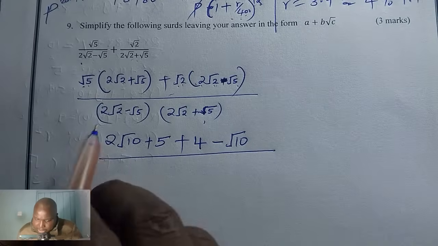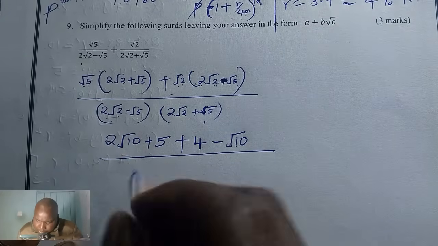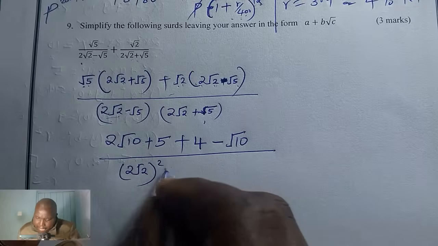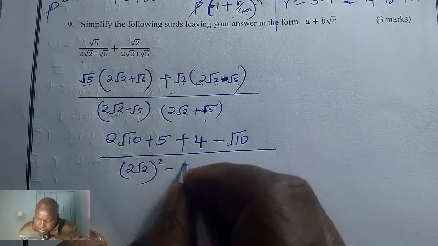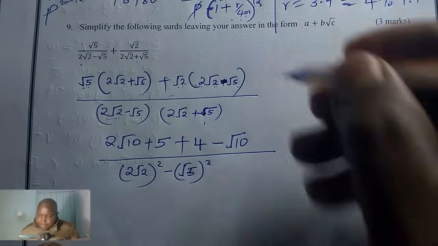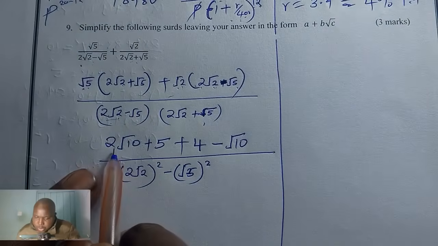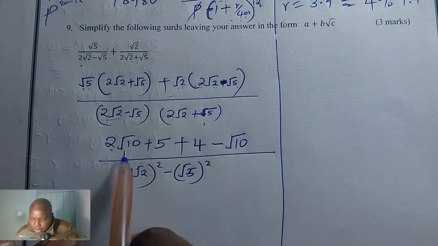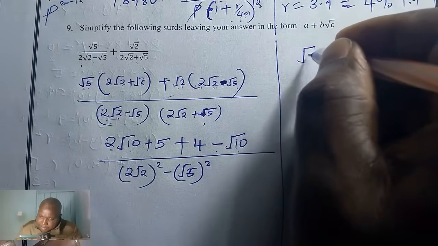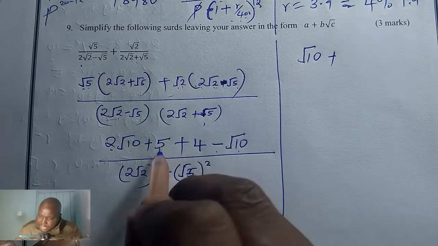For the denominator, you take the first term, that is 2 root 2, you square, minus the second term, root 5, you square. So root 10 minus this, we are going to have root 10 remaining, plus this, 9.